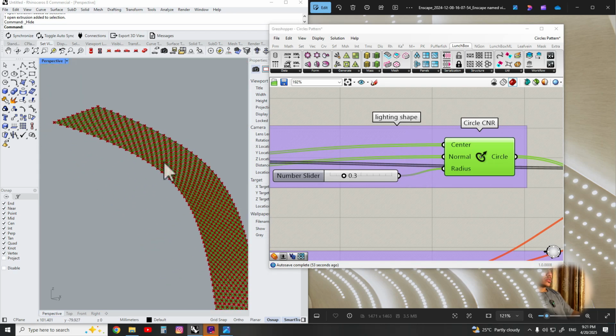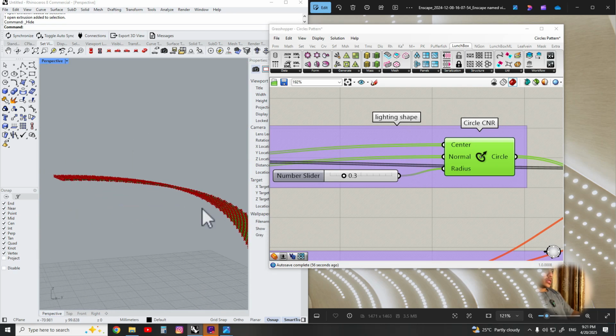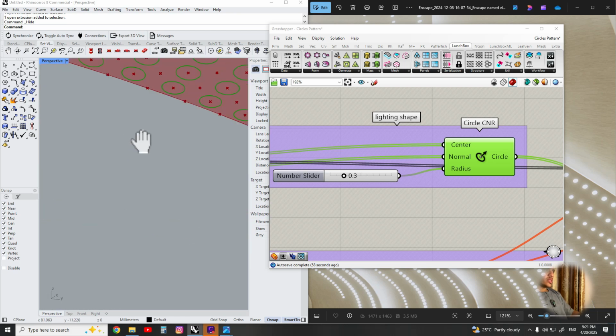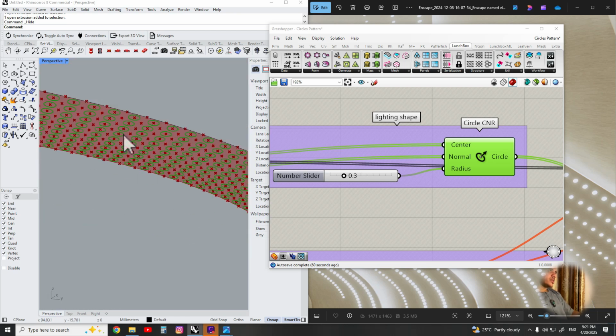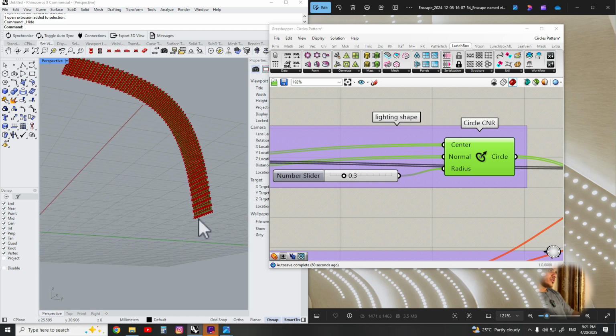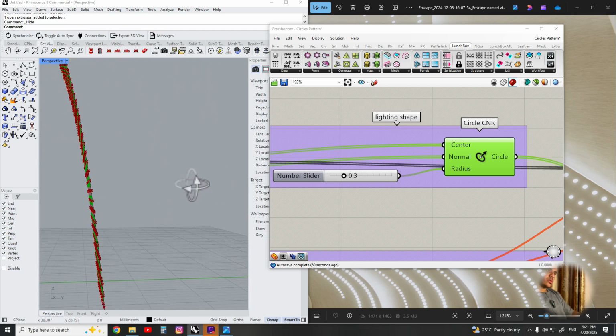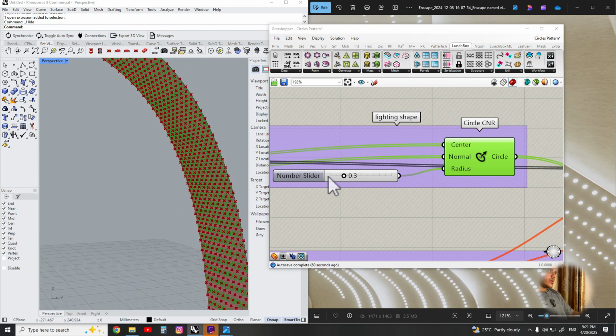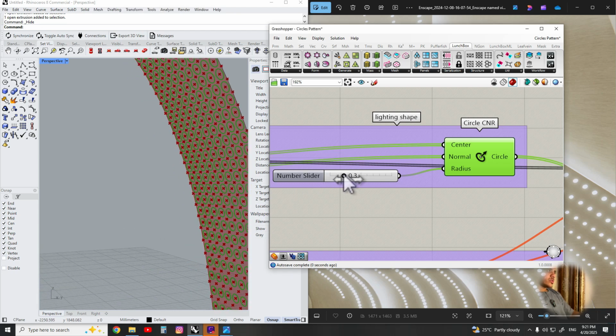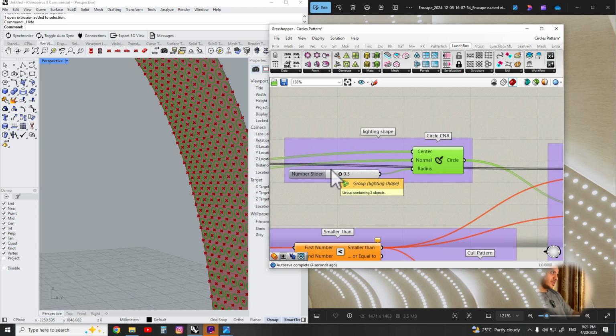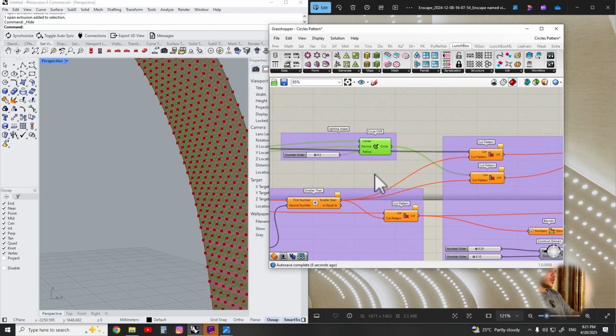As you can see, the circle is applied, and of course the orientation is 100% perpendicular, 90 degrees on the surface. And this radius is not important now, because at the end we will have it in a parametric and variation way.